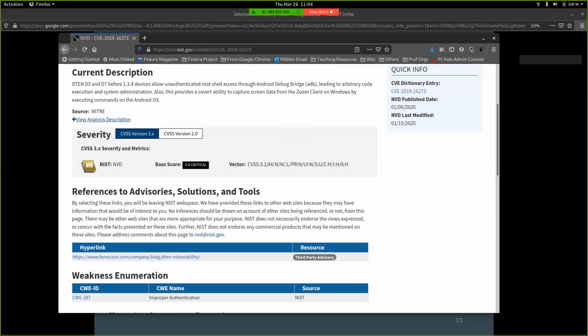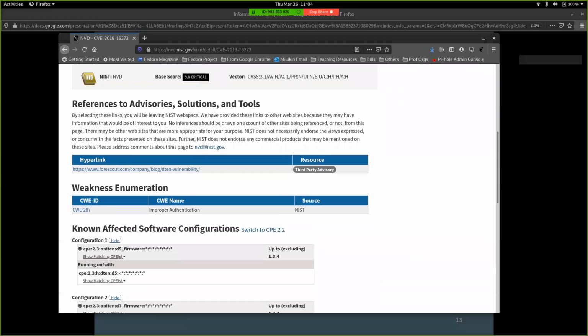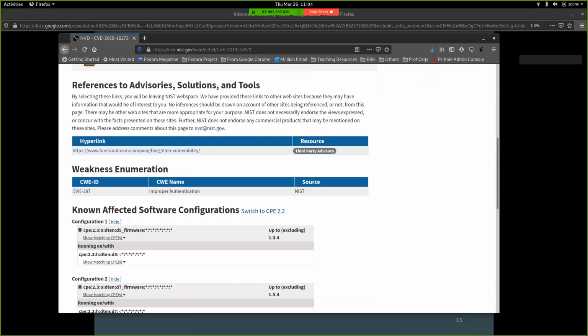And this says that unauthorized root shell access through Android, arbitrary code execution, and provides a covert ability to capture screen data on the Zoom client on Windows by executing commands on the Android OS. So you're going to get a vague description here.